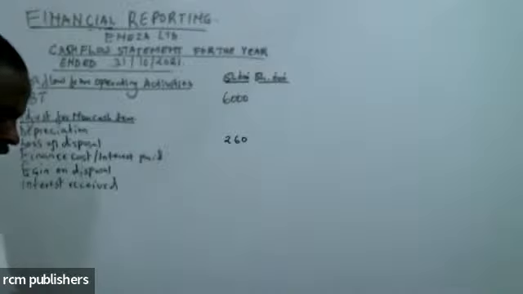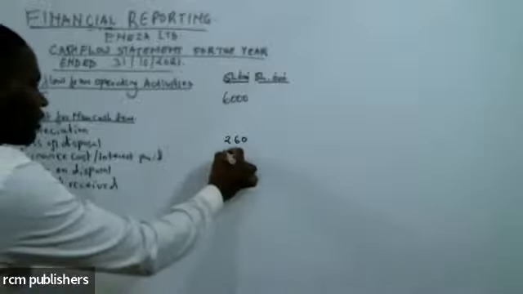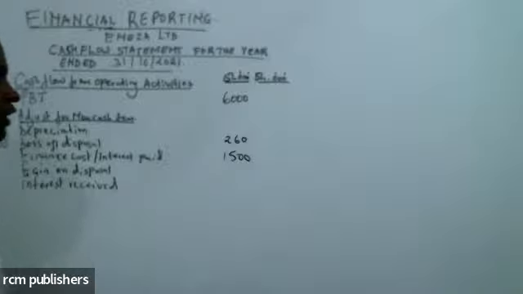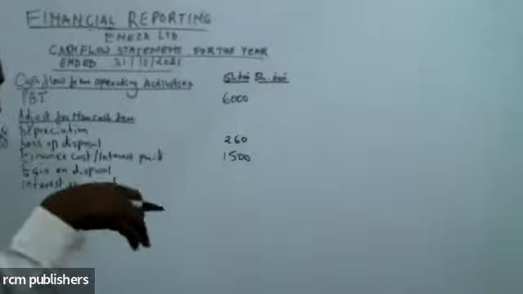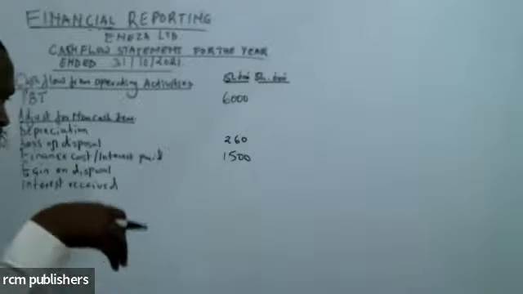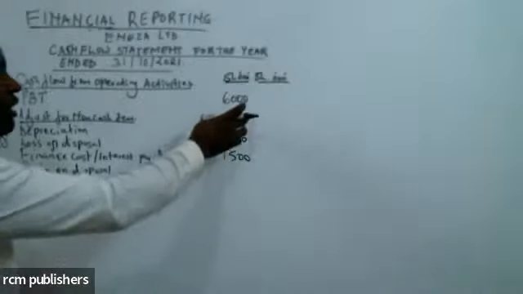Interest paid. What is the value of the interest paid? It is 1,500. So we have to add back 1,500. And then for the interest received, remember that we received. So how did it affect our profit?